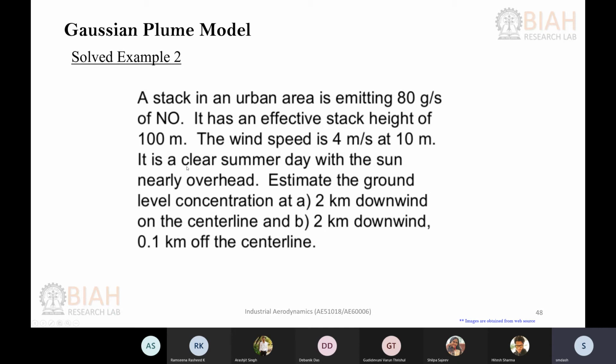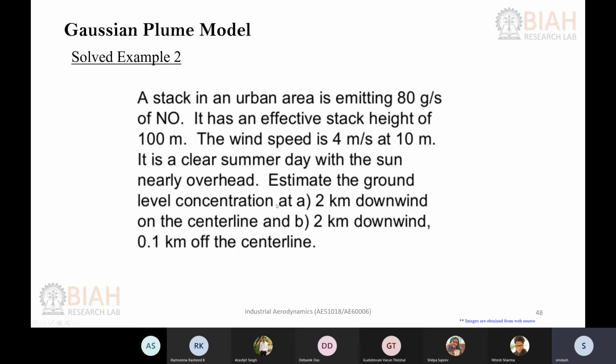It is a clear summer day with the sun nearly overhead. So you can see that the condition is somewhere around noon time, so it's the strongest in the day. You need to find out atmospheric stability for this. This is the strongest solar radiation received during that time.